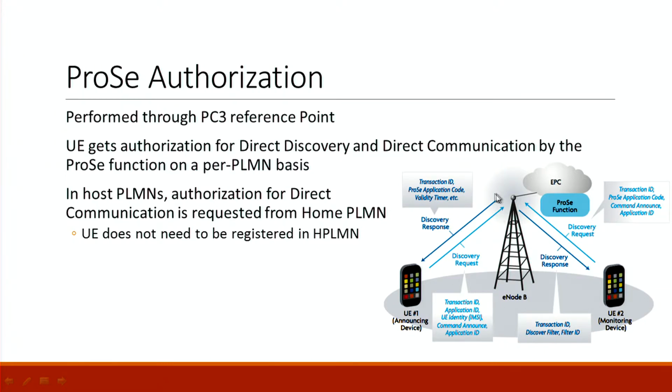So you get back a discovery response from the network. The discovery request will go all the way to the ProSe function, and then the discovery response will come back to the device, replying, okay, yes, you're authorized, this is your application code, this is the validity timer for which you will have all these features available.